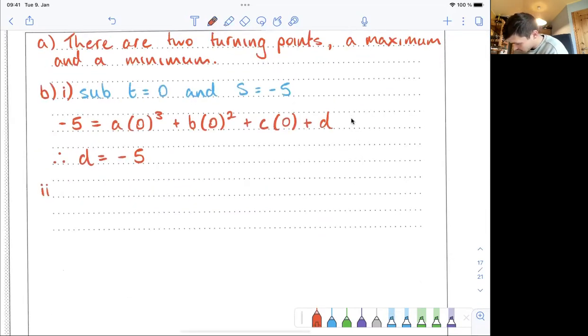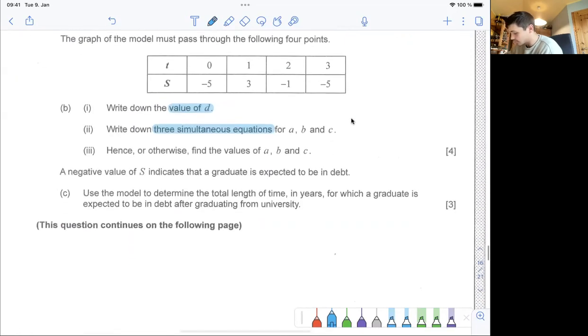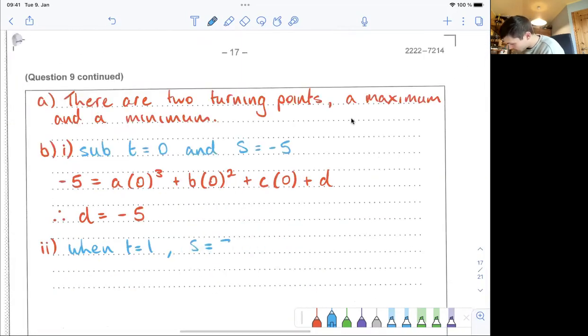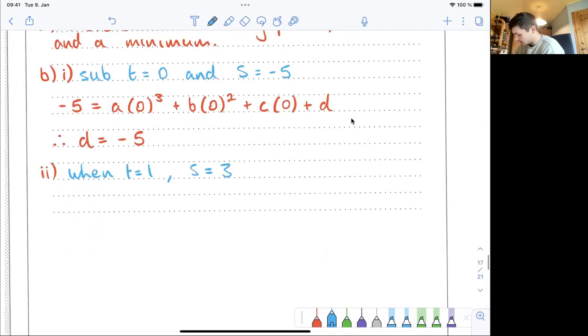So our first one is when T is equal to 1, S is equal to 3.